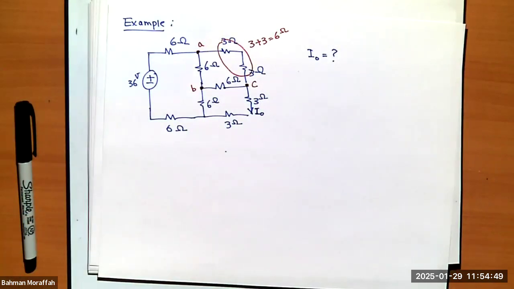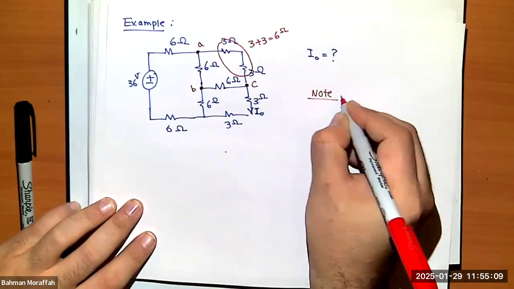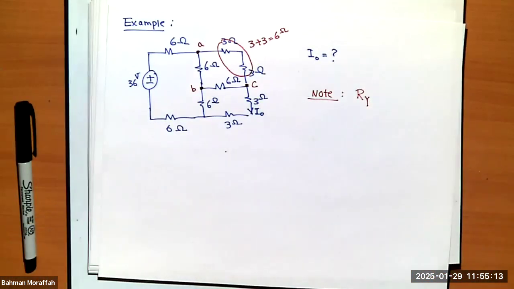As a matter of fact, this is a special case. All the resistors are 6 ohms. So I can replace that by its Y equivalent. What is RY?